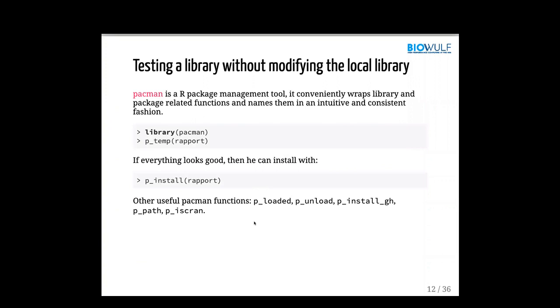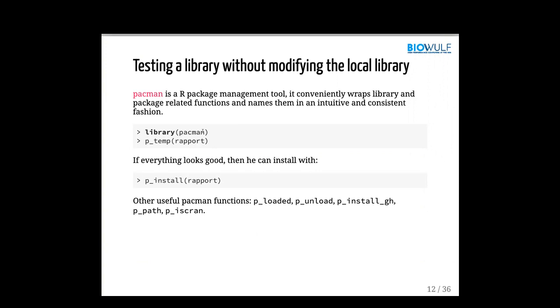Okay, so when you're trying to install a library, sometimes you just want to do a quick test, right? Not break anything. I recommend using pacman. It's an R package manager tool. It conveniently wraps the package-related functions and names them in a consistent way.